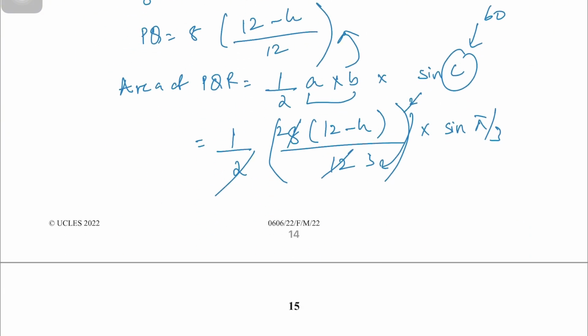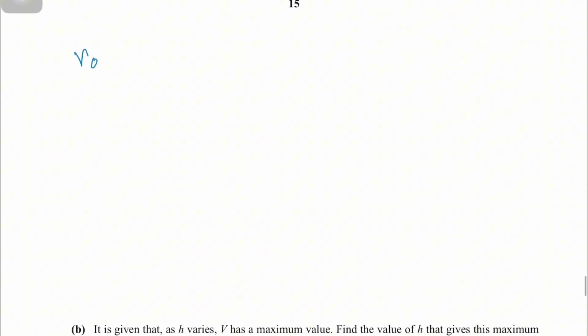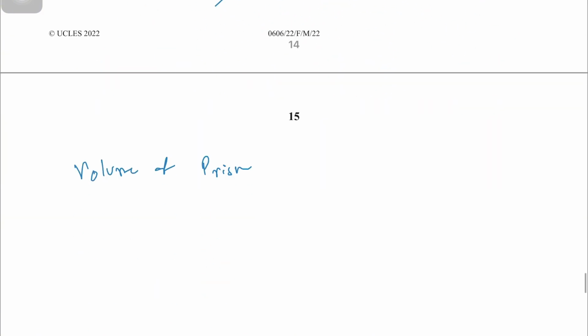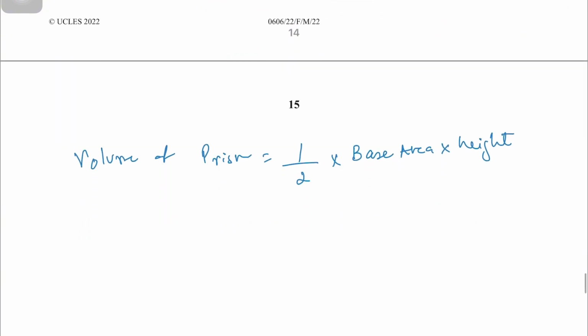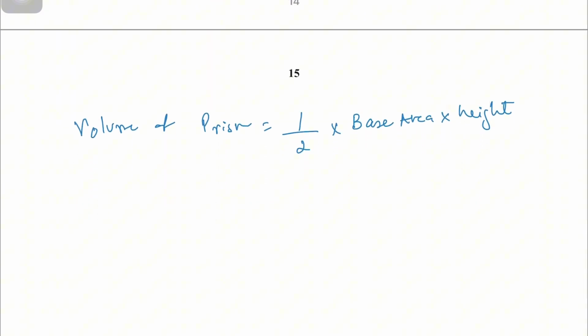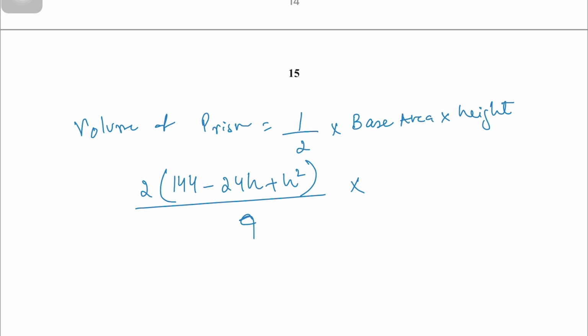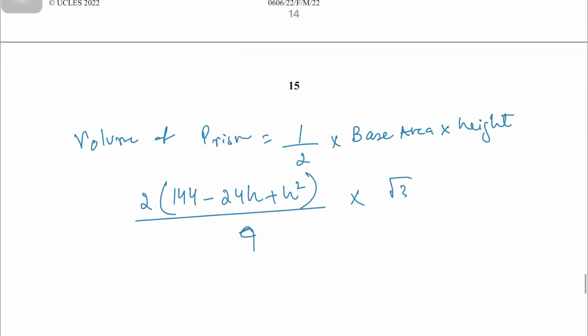Since the volume of the prism is base area times height, we have our base area over here, which can be written as 2, and then 12 minus h whole squared is 144 minus 24h plus h squared, over 9, and then sine pi by 3 is basically root 3 upon 2.